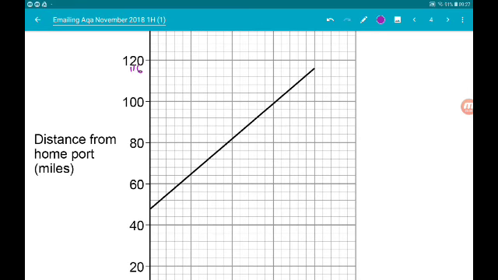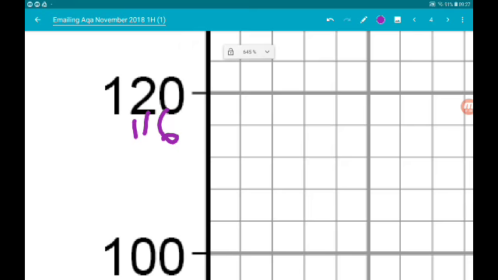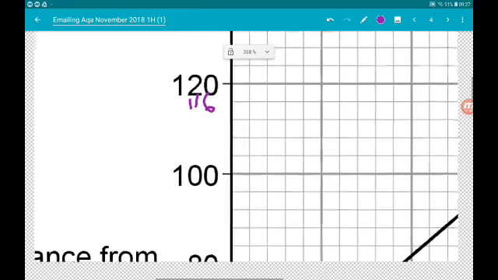The scale at the side is 1 big square is 20, there's 5 little squares, each little square then is 4. So here we are 48 miles from port, and up here we are 116 miles from port.